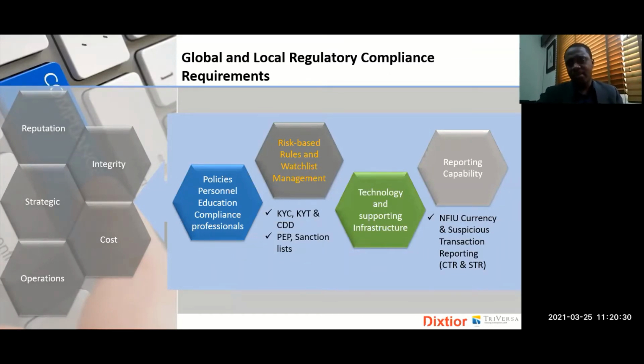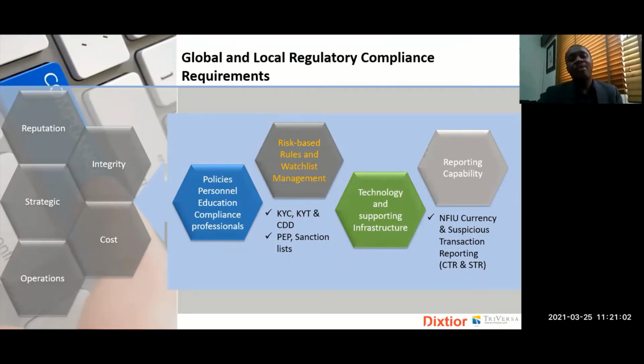Of course, there is the reporting capability that you want to have in place. The NFIU requires currency and suspicious transaction reporting on a regular basis. This is done differently in different regions, but the way NFIU has done their integration requires you to also look at how you're going to integrate with other third-party applications, especially when you're considering your technology.